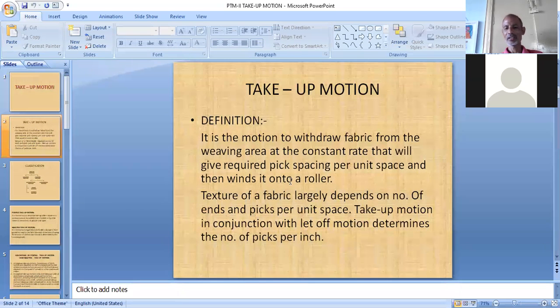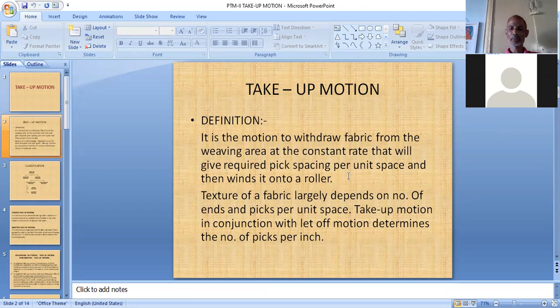And this pick spacing is inversely proportional to picks per unit space. जितना pick spacing ज़्यादा होगा, उतना picks per unit space, picks per inch fabric में कम होगा, और जितना pick spacing कम होगा, उतना ही number of picks per inch fabric में ज़्यादा होगा, PPI will increase.